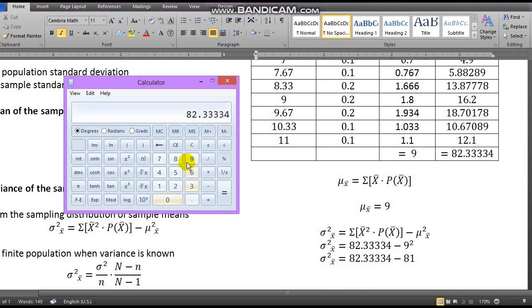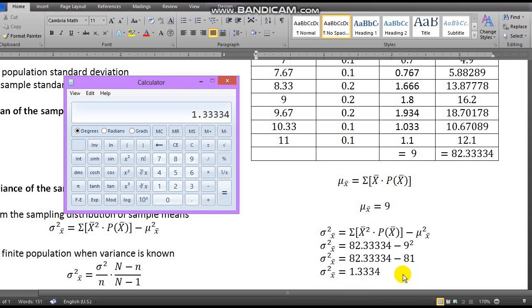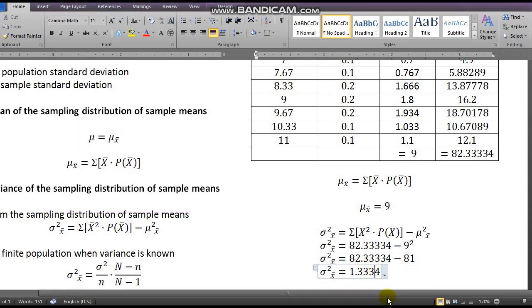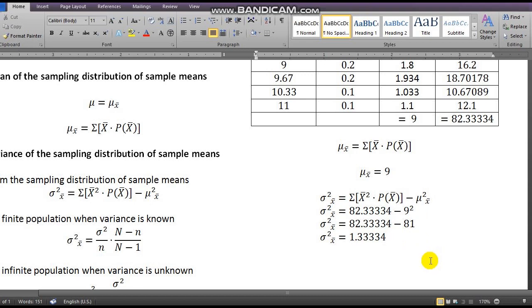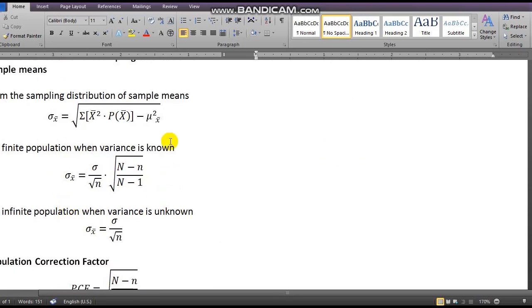So let's compute for that. 82.33334 minus 81 is equal to 1.33334. So this means that the variance is 1.33334. How many threes? There's 4 threes rather. So the variance is 1.33334.